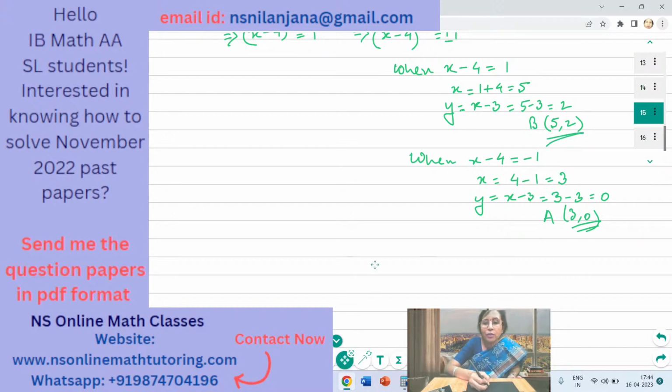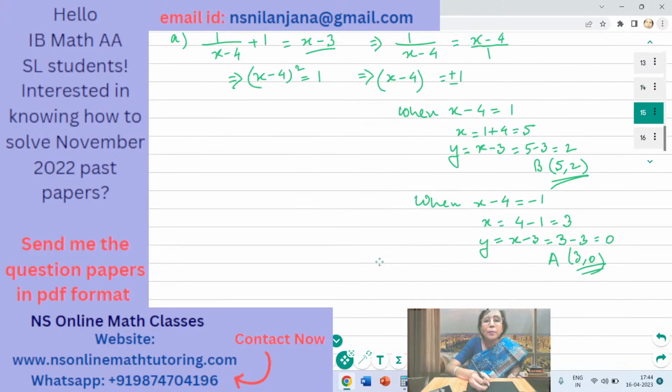So we have found the coordinates of the point B. Let me show you this way. You can just expand this. It will be x square minus 8x plus 16 equal to 1, or I'm writing 16 minus 1 equal to 0. x square minus 8x plus 15 equal to 0.